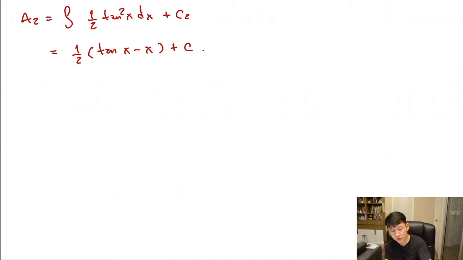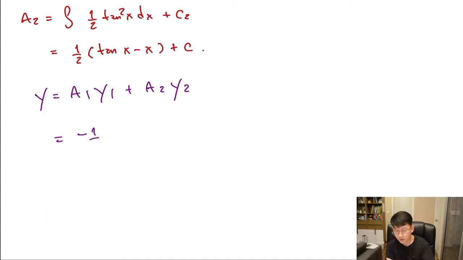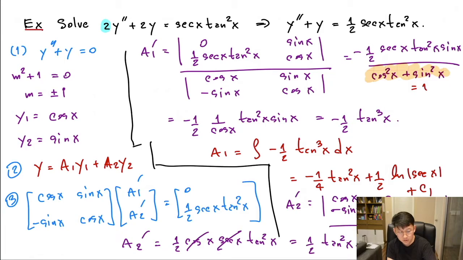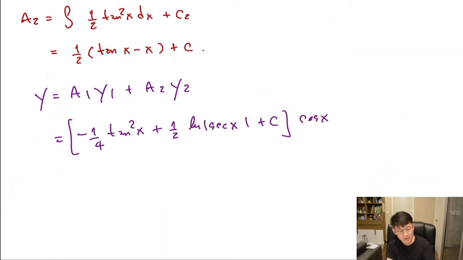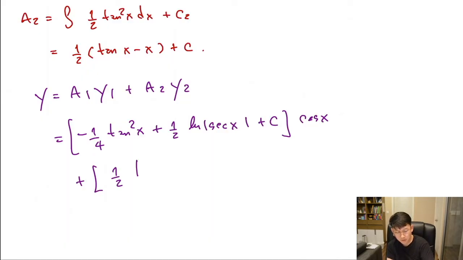So the solution y is actually a1 y1 plus a2 y2, and a1 is minus 1/4 of tan squared x plus 1/2 of log sec x plus c. y1 is cos x plus a2, which is 1/2 of tan x minus x plus c2.